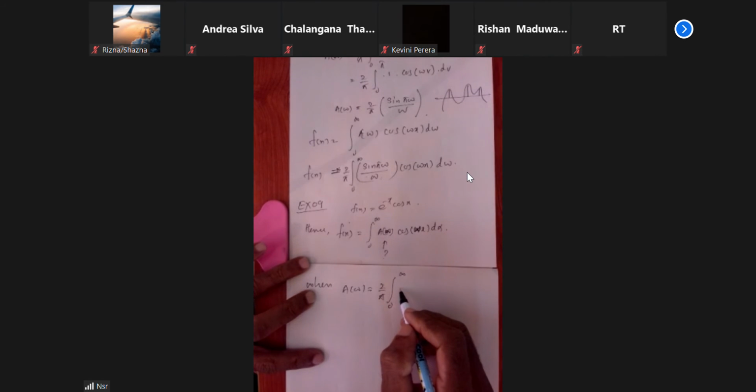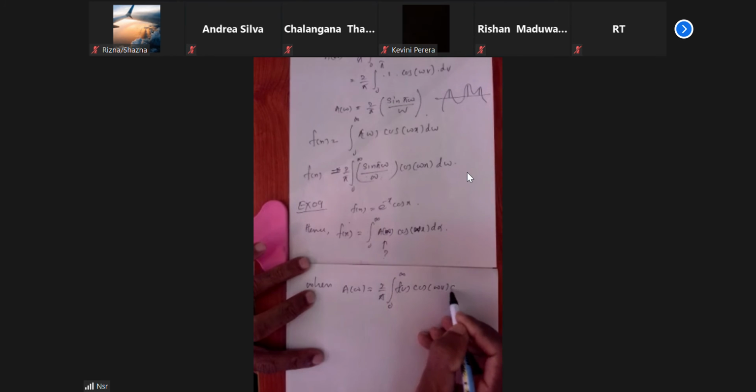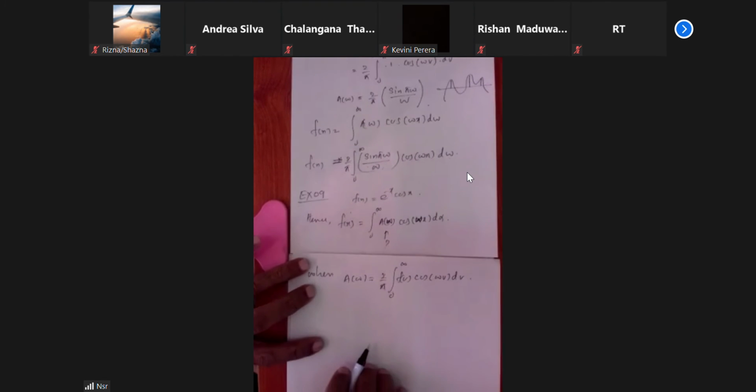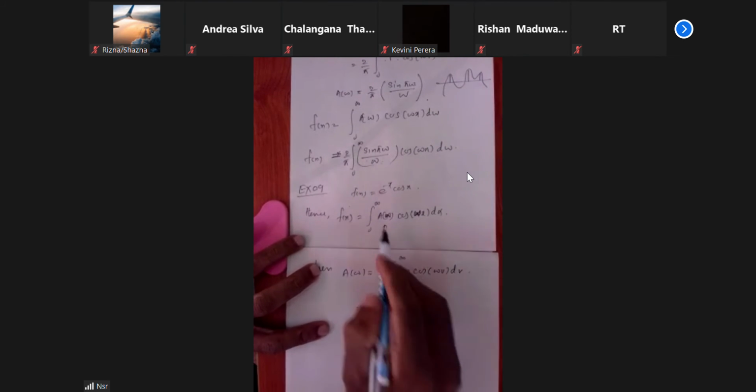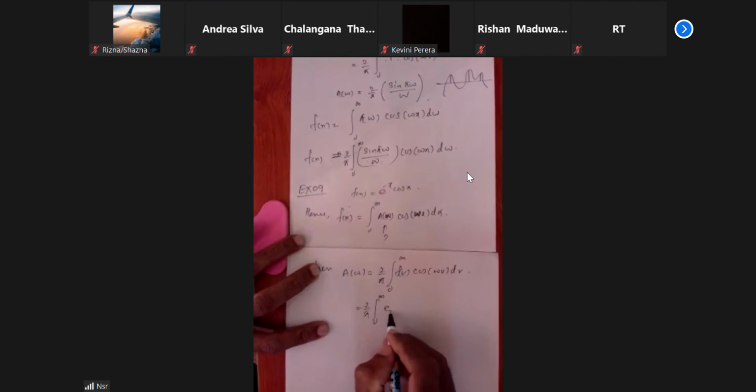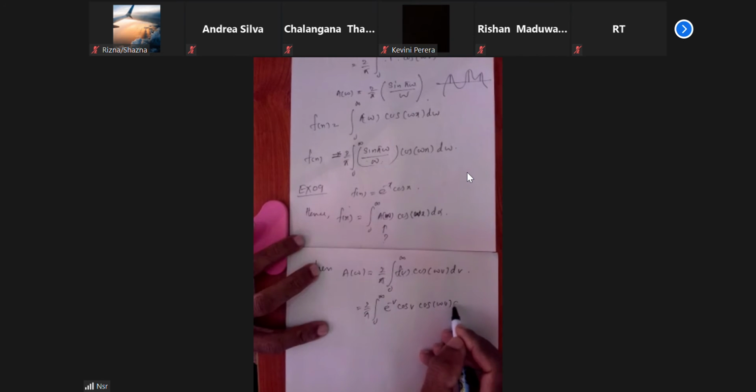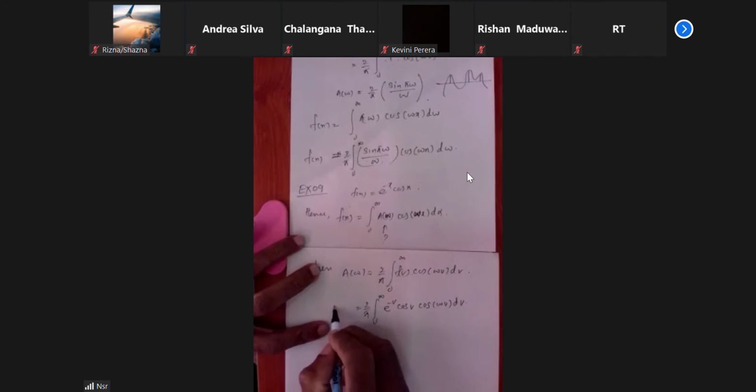So A(omega) equals 2 divided by pi, integral from 0 to infinity of f(v) cos omega v dv, where f(v) means e to the power minus v.